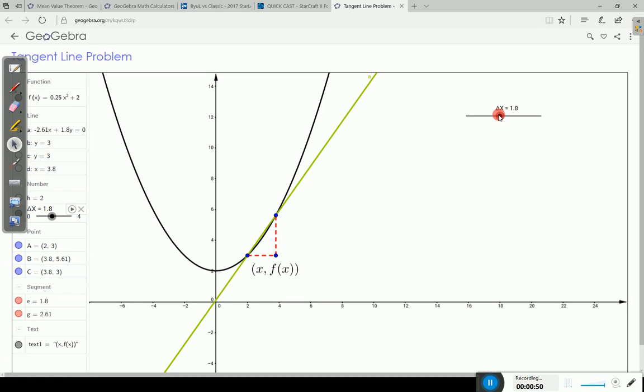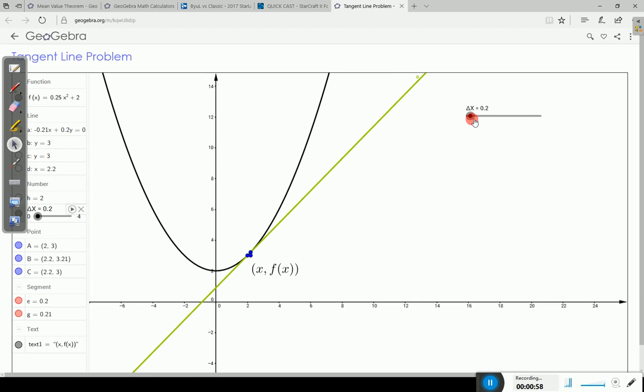What happens when you try to take this slope between 2 points and shrink it down to only 1 point? So if I make delta x here all the way down to 0, we have a big problem. The slope, the tangent line, goes away.